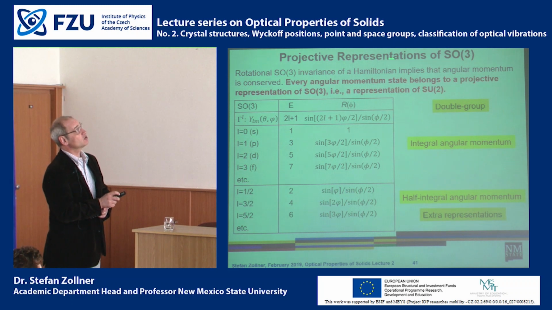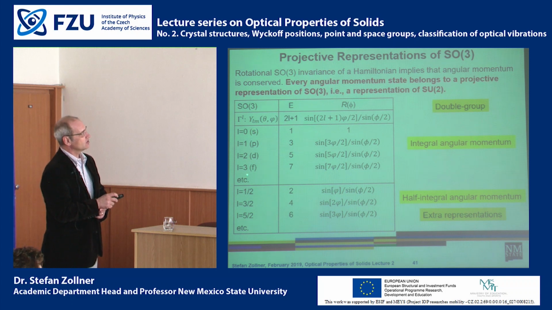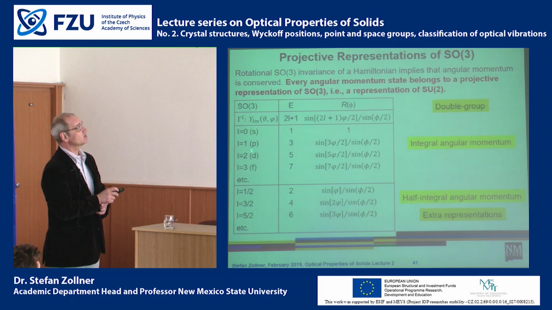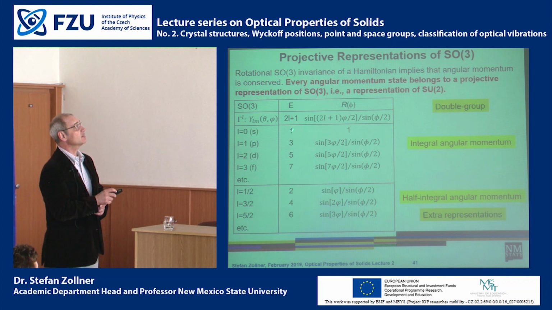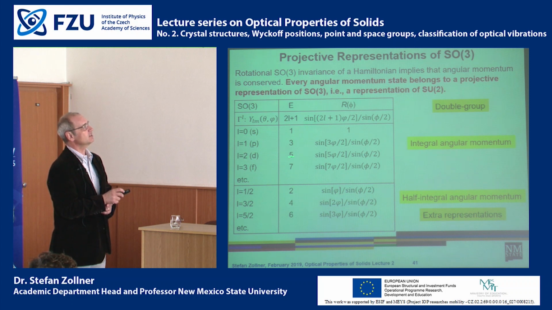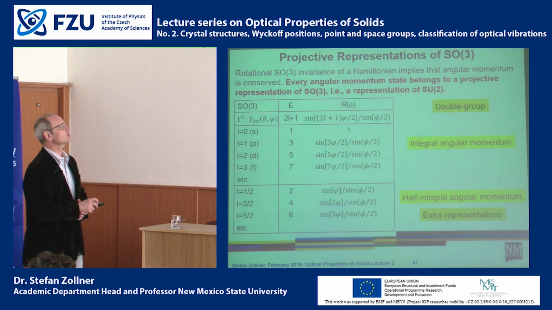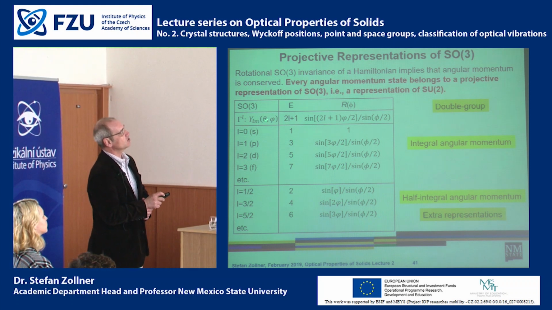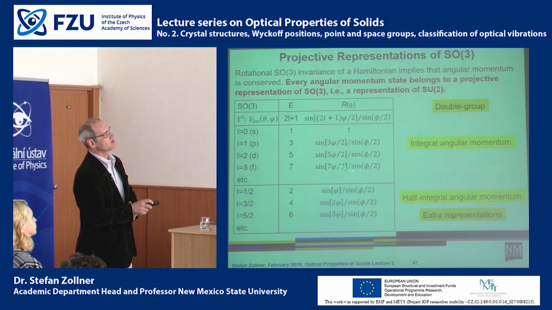So now let's look at the projective representations of SO3. We already know the normal representations with integral angular momentum. So angular momentum can be 0, 1, 2, and 3, and the number of states that we can put there are, you know, for L equal 1, I have 3 wave functions. For L equal 2, for a D state, I have 5 wave functions, and so forth. The basis functions are the spherical harmonics.